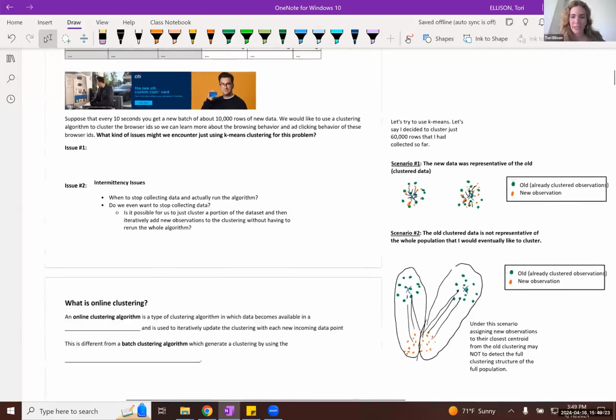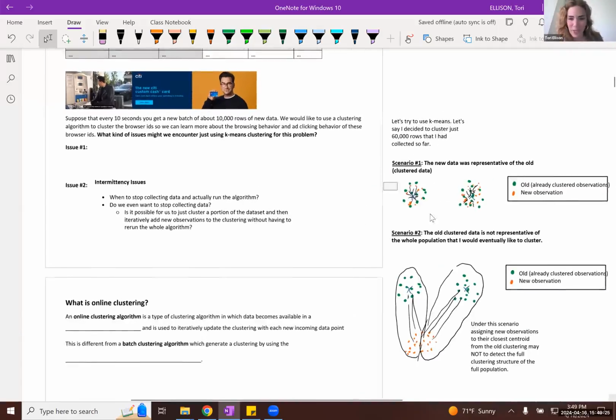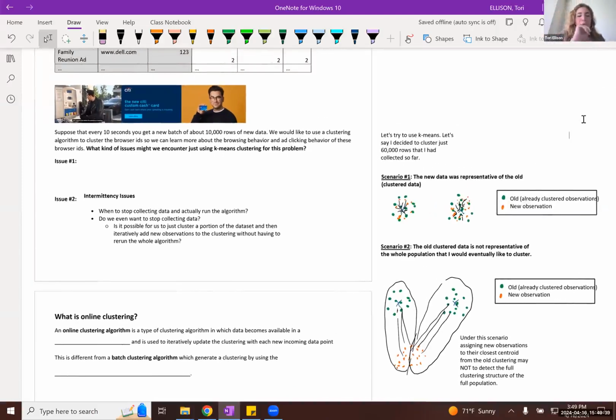But now let's just say, for instance, it was a scenario in which our old data set was more or less guaranteed to have the same clustering structure as new batches of data. And so let's just say, for instance, we decided to stop collecting observations once we had 10 billion rows.